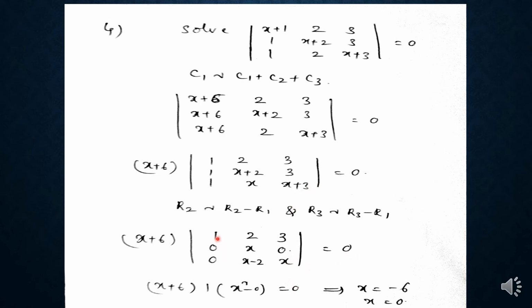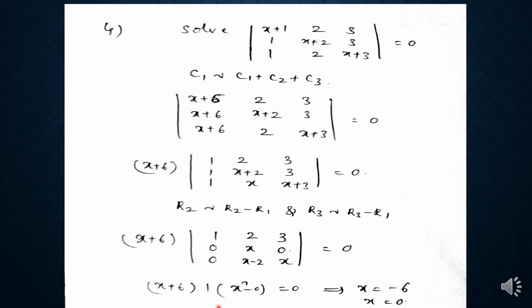So by expanding this determinant by the first column, that is x plus 6 into 1 into x square minus 0 into x minus 2 is 0, minus 0 into something is 0, plus 0 into something is 0. So we got x plus 6 into x square is equal to 0.